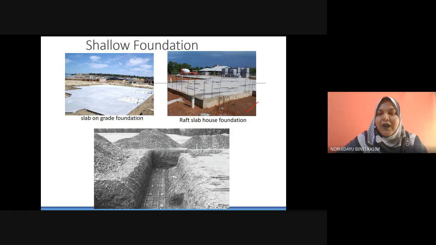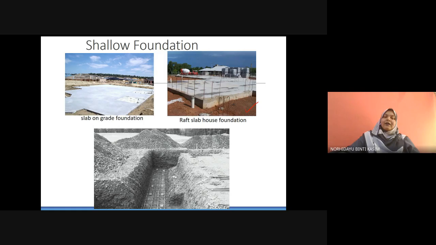If you don't want differential settlement when you have very weak soil, you can have a very big foundation as a mat or raft foundation, so that if the structure settles, it will settle together, so you won't see differential settlement.